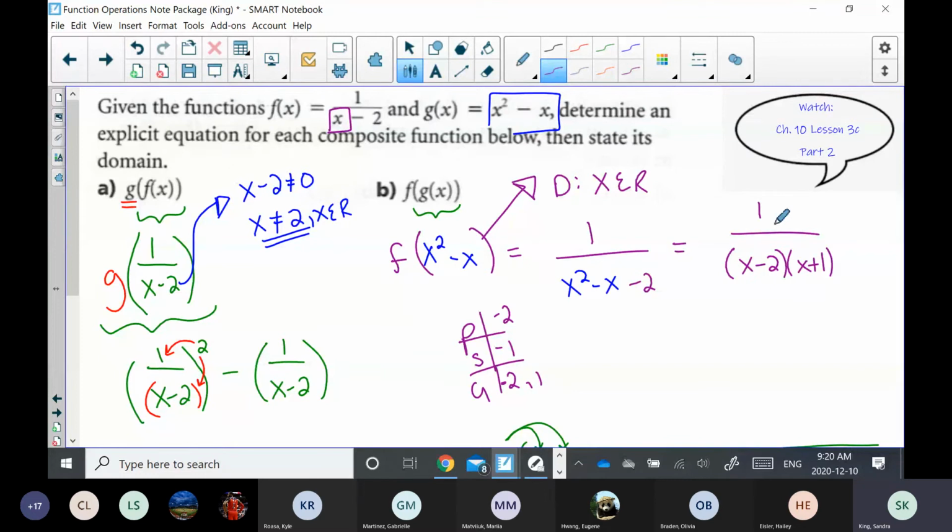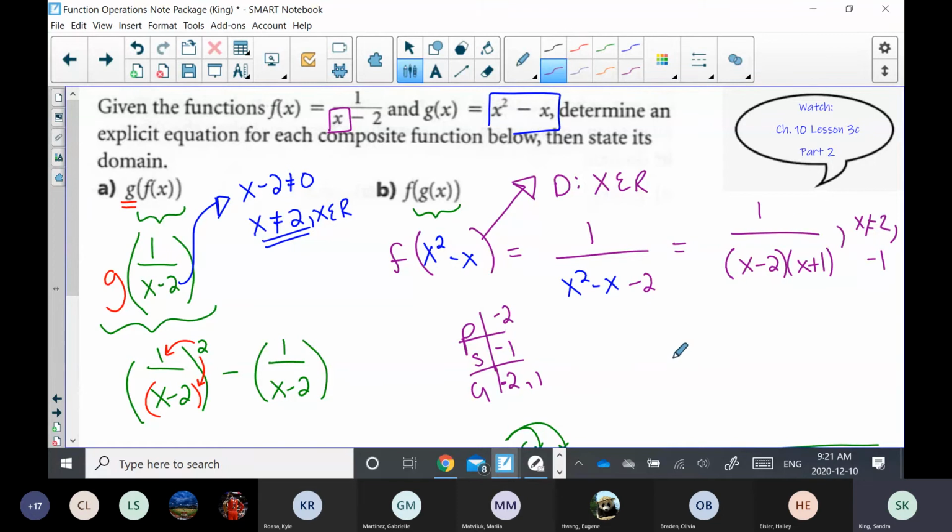This is, again, the explicit equation just factored. I would need to state my restrictions. X cannot be equal to 2 or -1. And that would be my domain.